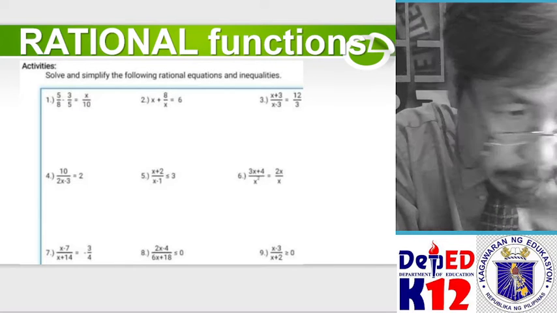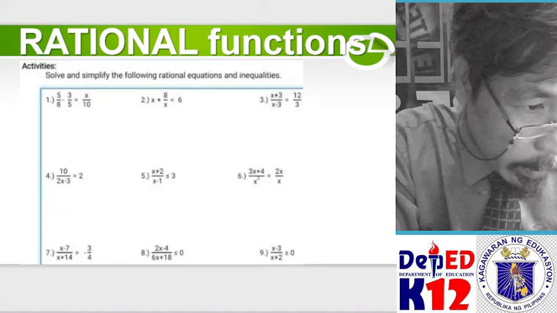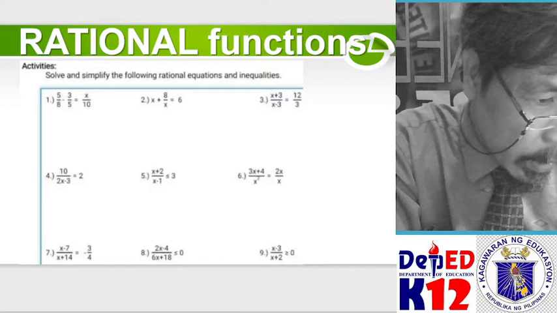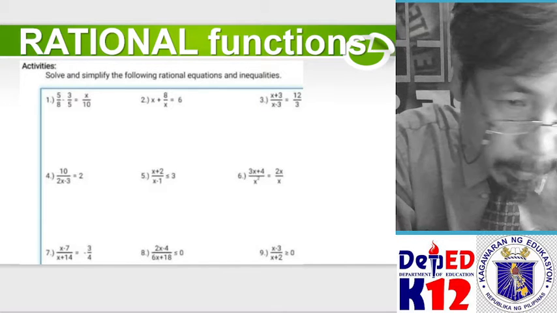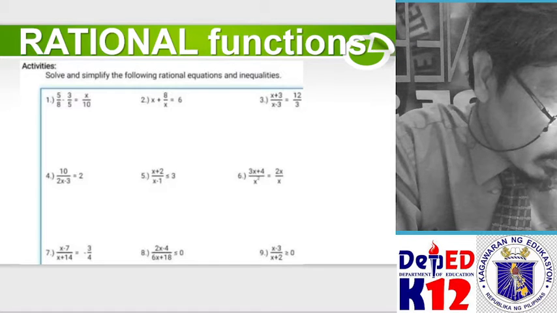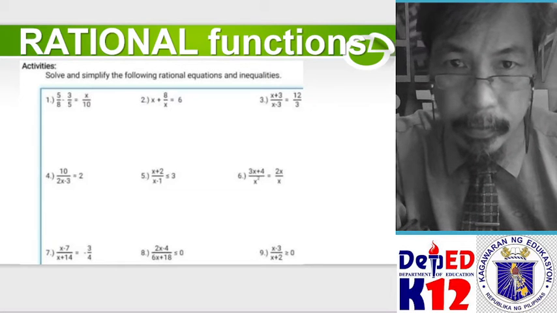That is x minus 7 for the numerator, and x plus 14 for the denominator, equal to negative 3 over 4. So that is our given problem. So let us simplify.